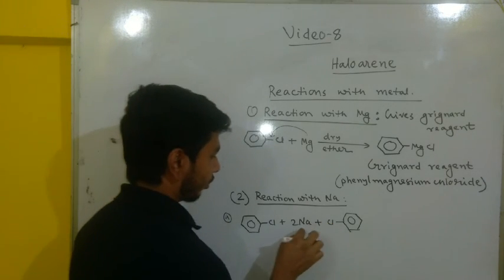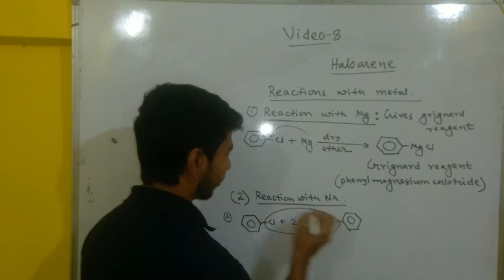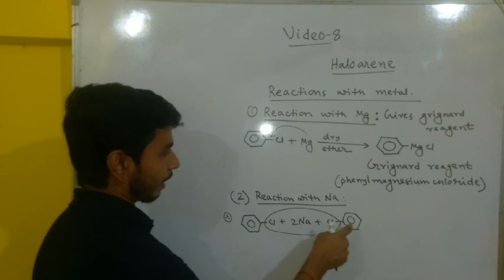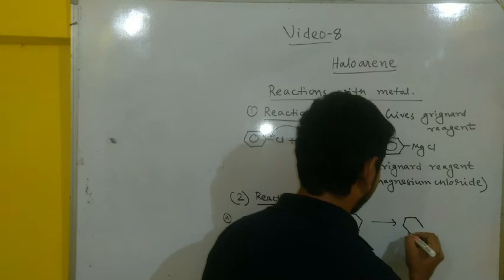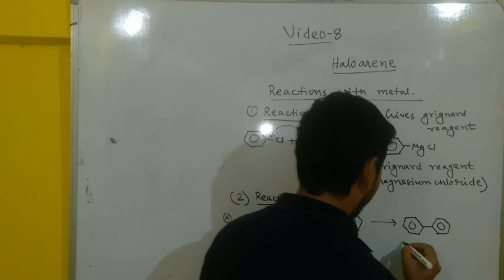So now I have twice Na and twice Cl, so 2 NaCl is removed. Now this benzene ring will get attached to the second benzene ring, so we are getting 2 rings. This is called diphenyl.